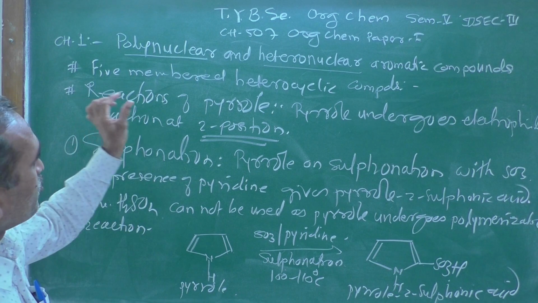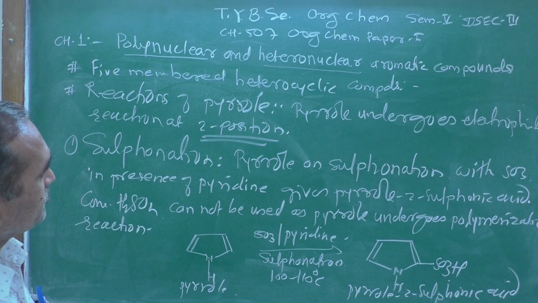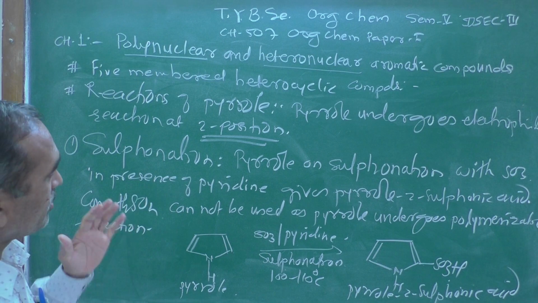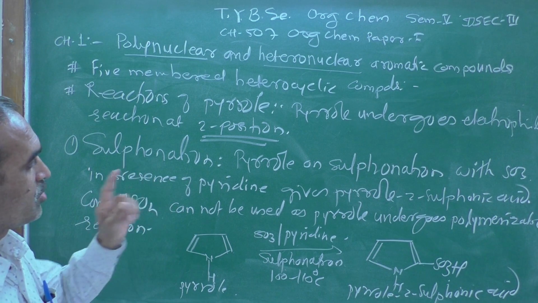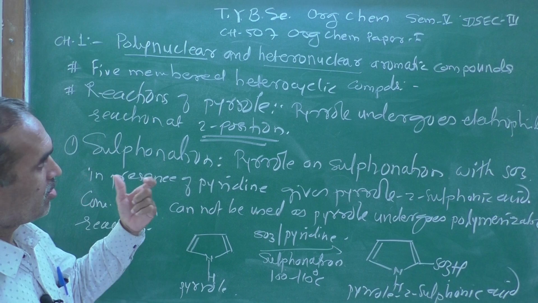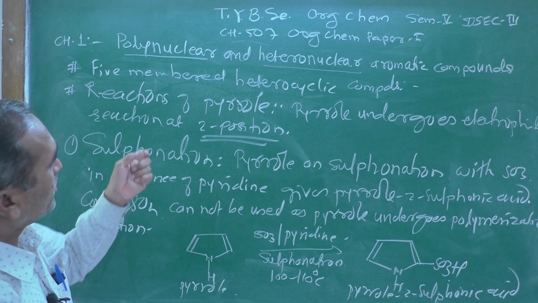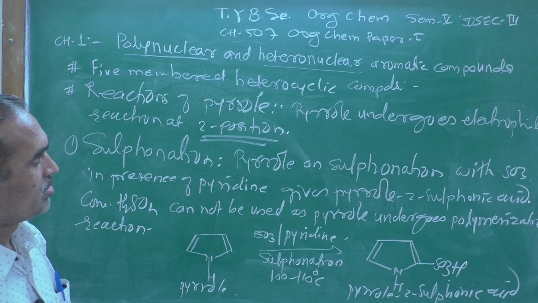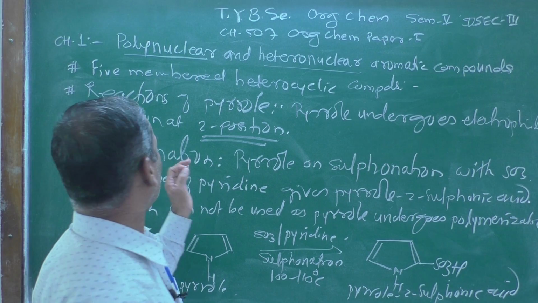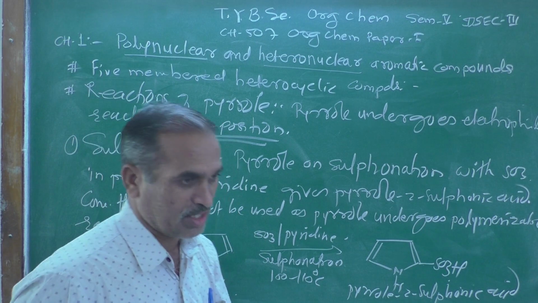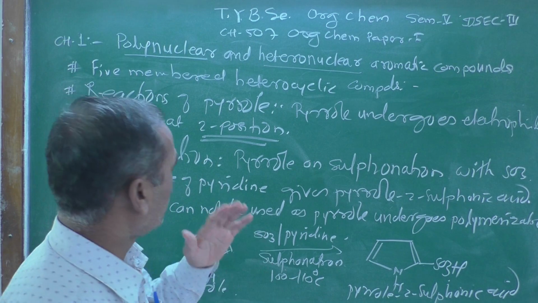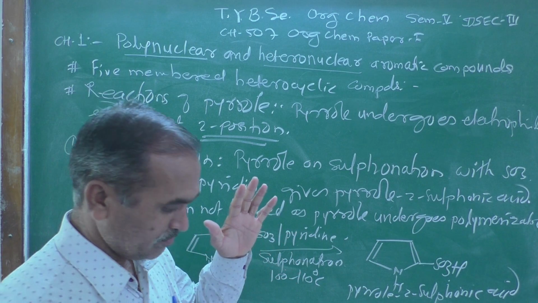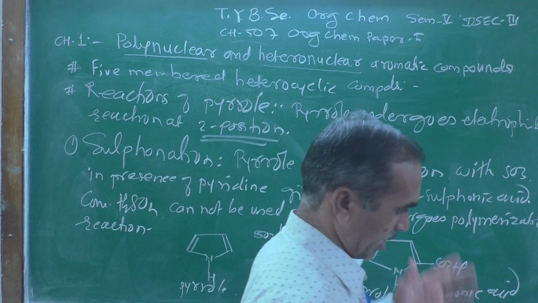Pyrrole is a 5-membered heterocyclic compound, an aromatic heterocyclic compound, and pyrrole undergoes electrophilic substitution reaction at the 2 position. Why does it undergo it only at the 2 position?